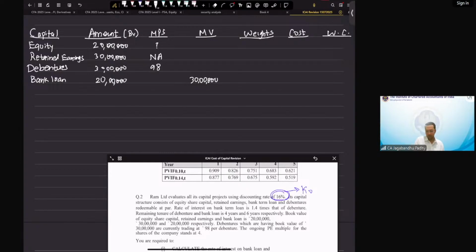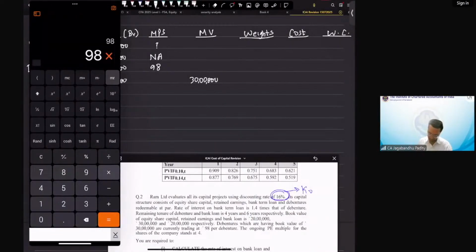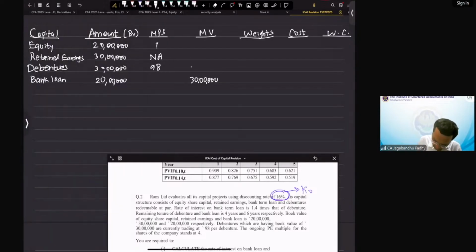Debentures are having a book value of 30 lakh. It is currently trading at 98. So we can get the market value of debentures as 98 multiplied by 30 lakh, so 29 lakh 40,000 is the market value.